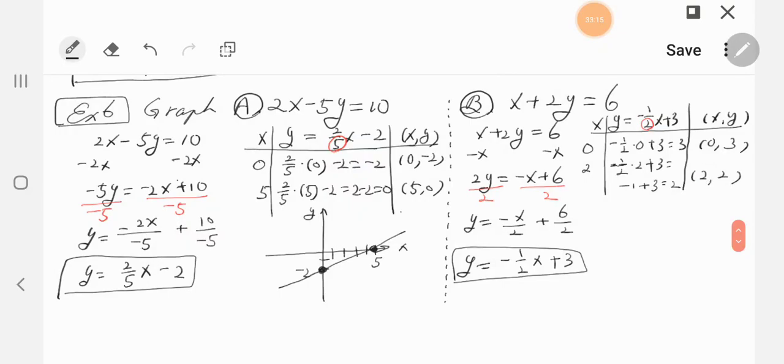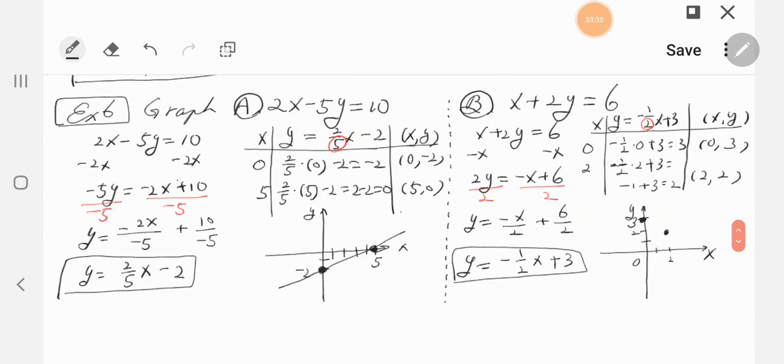So let's graph it. This is the x-axis, y-axis. So x equals 0, y is 3. 1, 2, 3. And the second point is x equals 2, y equals 2. Over here, this is 2.